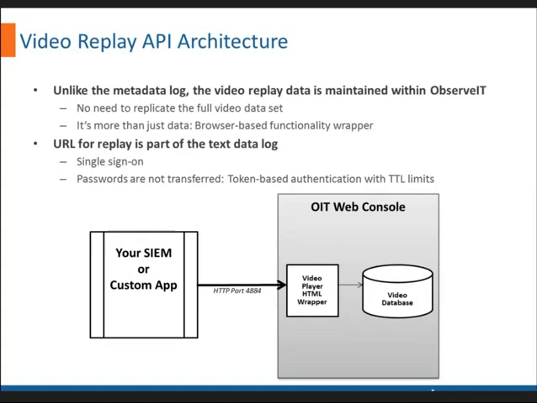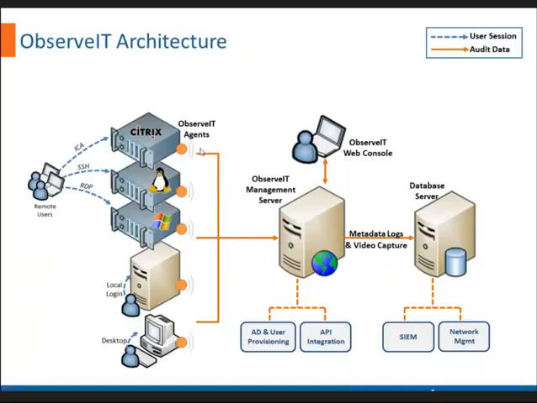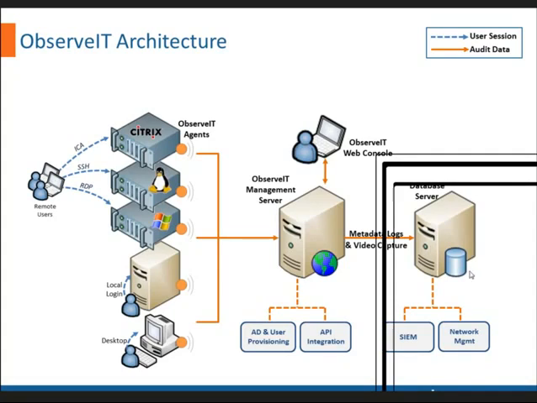Next question is, what should be the capacity planning approach? Let me approach that just in general. In terms of capacity planning, the overhead of ObserveIT is surprisingly and extremely low. We've been talking so far a whole lot about video replay.